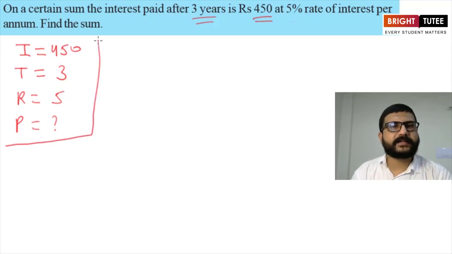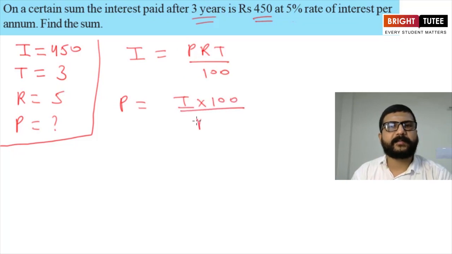Now again we will be using the formula for simple interest. We know interest or simple interest is equal to PRT upon 100. Now from here we can get P is equal to I into 100 divided by R into T. Now let's put the values of I, R and T here.